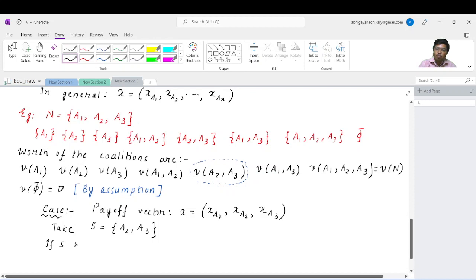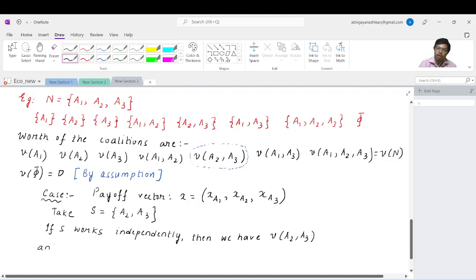If S works independently, that means they do not care about the rest of the society, they just decide to cooperate between themselves and work independently. If S works independently, then what will we have? What will be the benefit that will be produced? V of A2, A3, right?